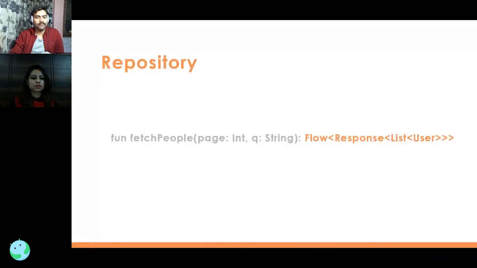So when we implement this, we are going to return the Flow of that whole specific data. When we work in a repository, there was a recommended way that you should not use LiveData in the repository pattern, correct? That is where Flow comes into the picture, and it binds in very perfectly.